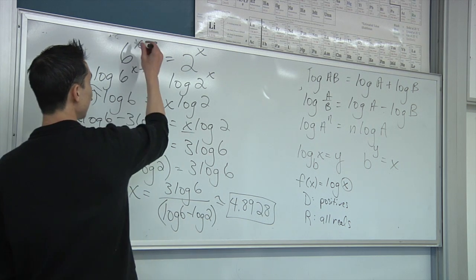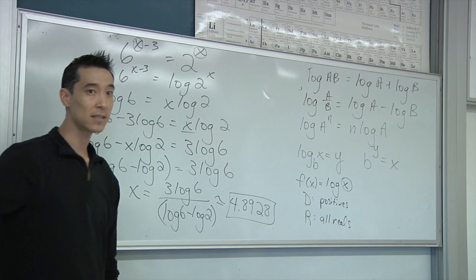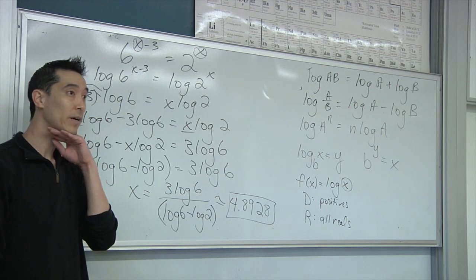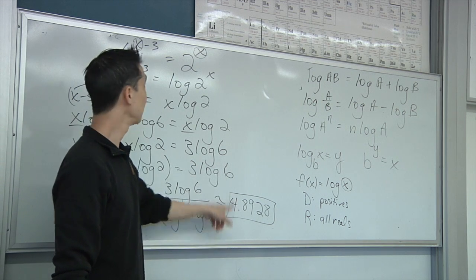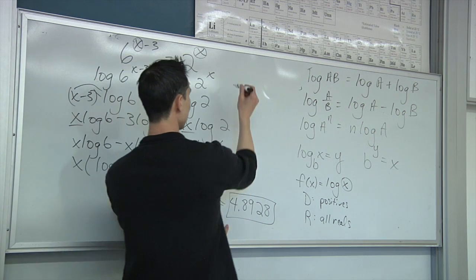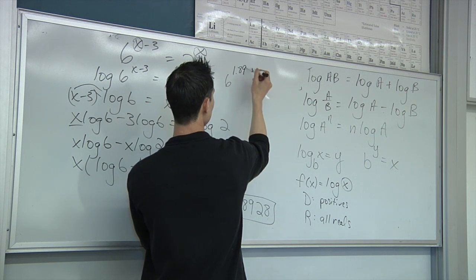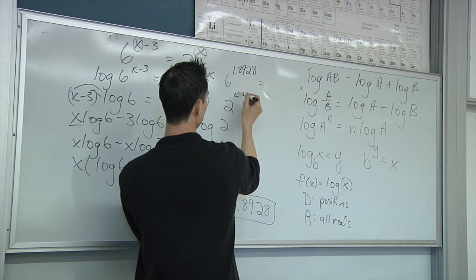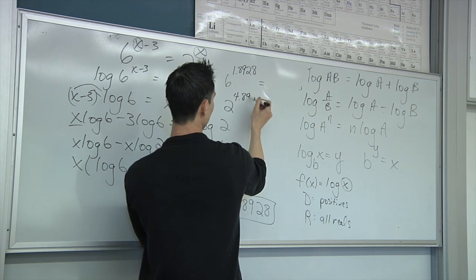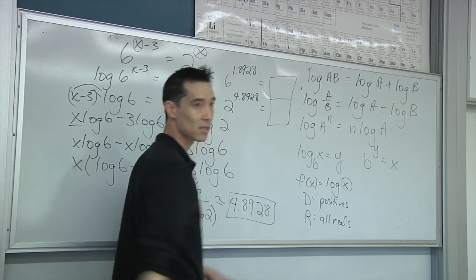Plug it in right here and plug it in right here to see if these are approximately equal to each other. Okay? So 6 to this minus 3, so 6 to the 1.8928. See what that comes out to, and then check what 2 to the 4.8928 comes out to. And these numbers should be the same if I did this right.